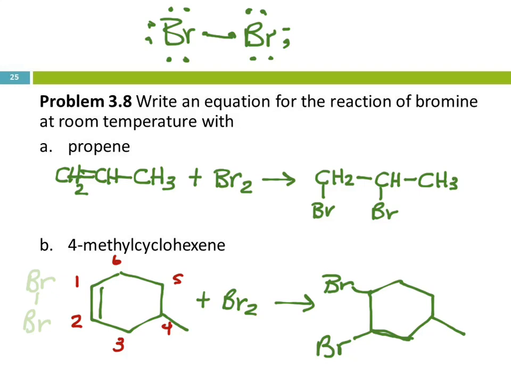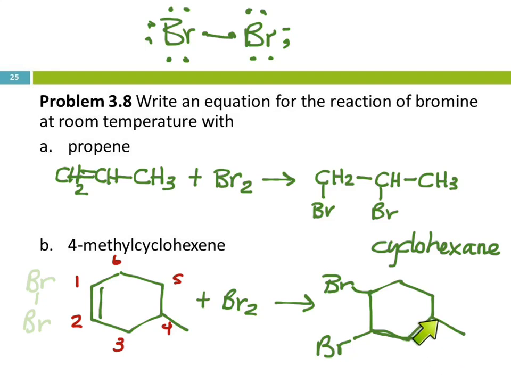How would we name that? It's cyclohexane, right? So we've got 2 bromo groups and we've got a methyl group. So it's going to be dibromo and methyl.